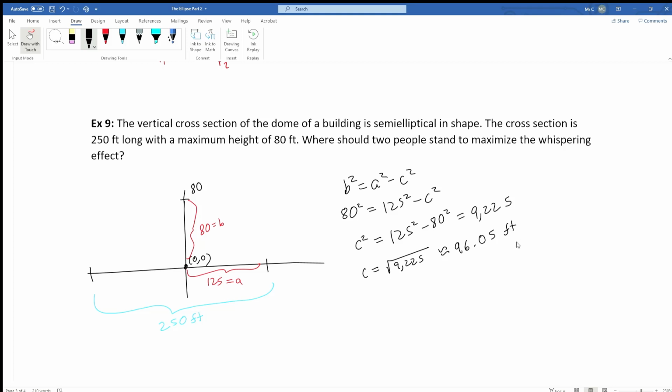So we might word this in one of two ways. Either the people should stand at plus or minus 96.05 at the two foci, or we might say they should stand 96.05 feet from the center in either direction.